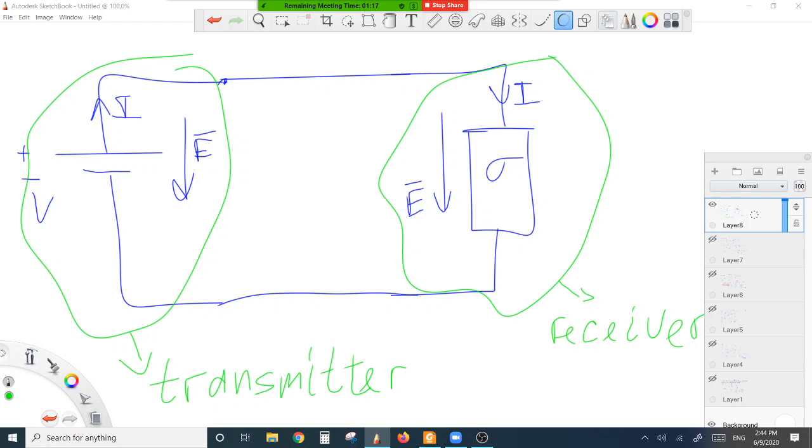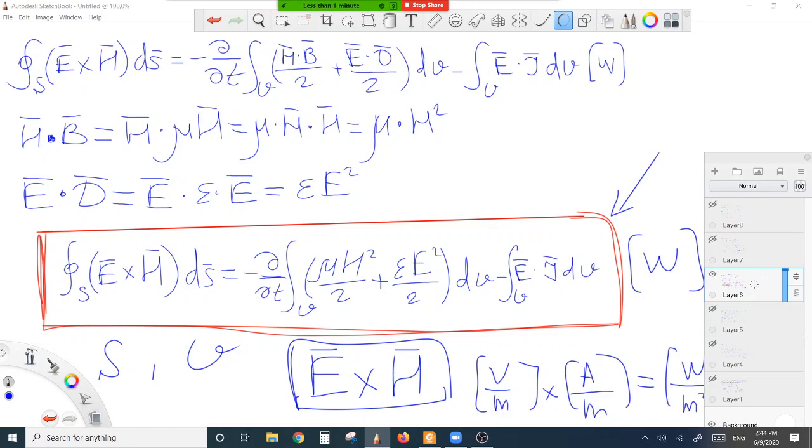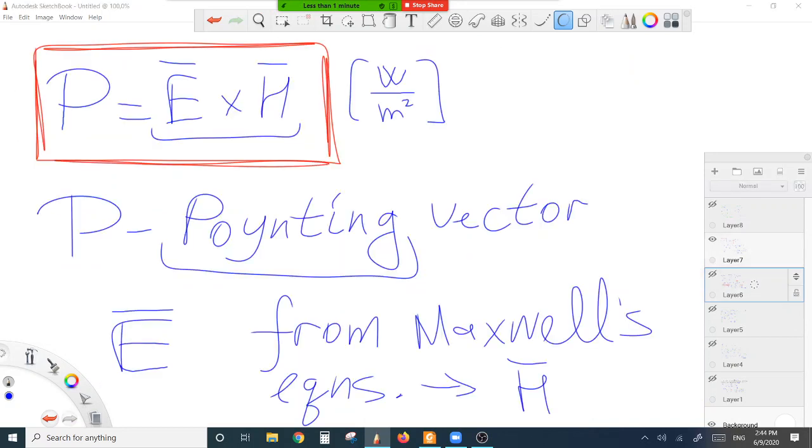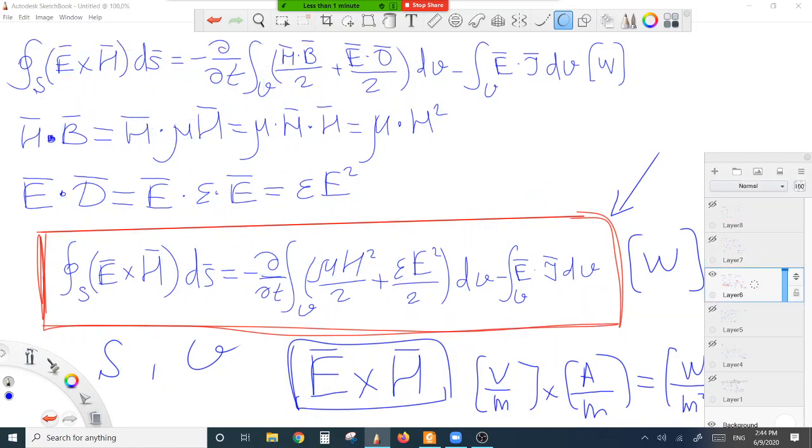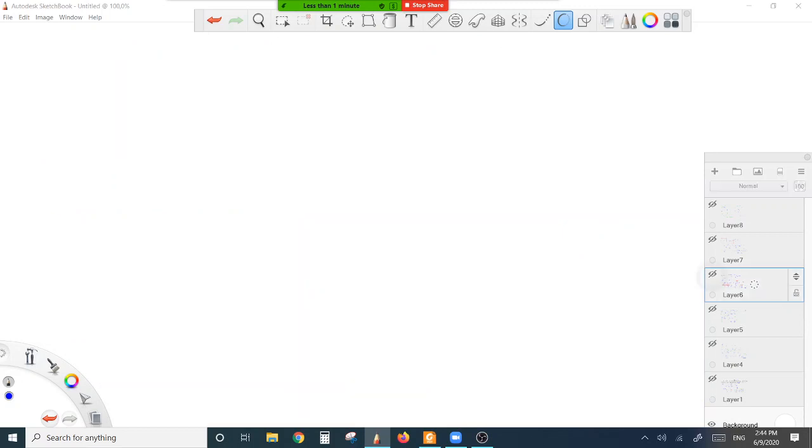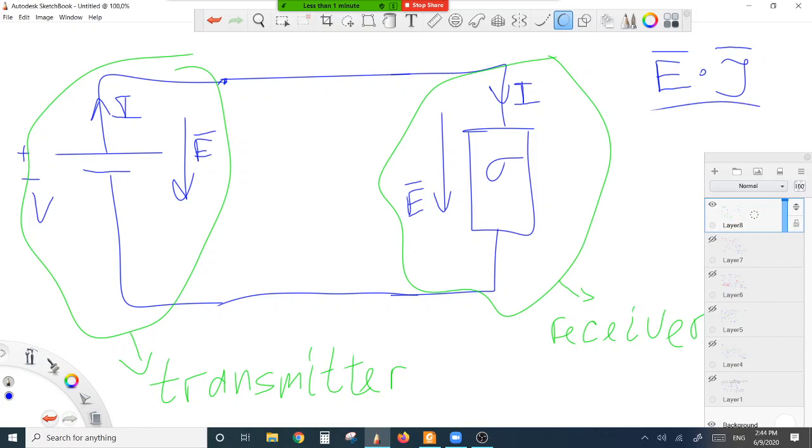When we introduce the term E dot J in Poynting's theorem, which was here, this term will be positive if we introduce the source, and this term will be negative if we introduce the load.